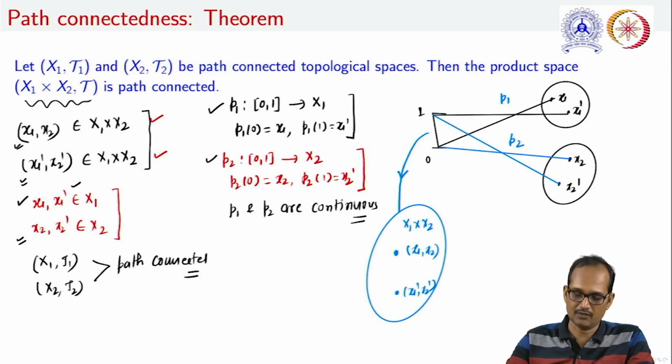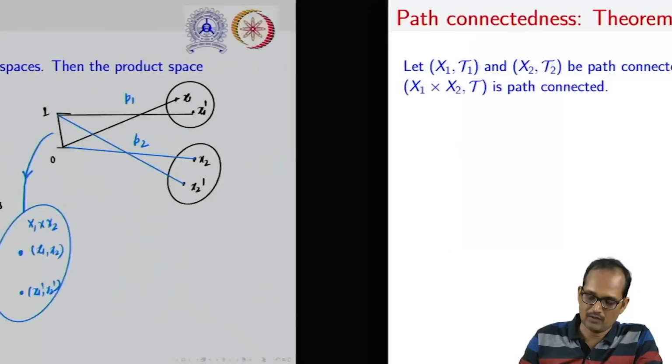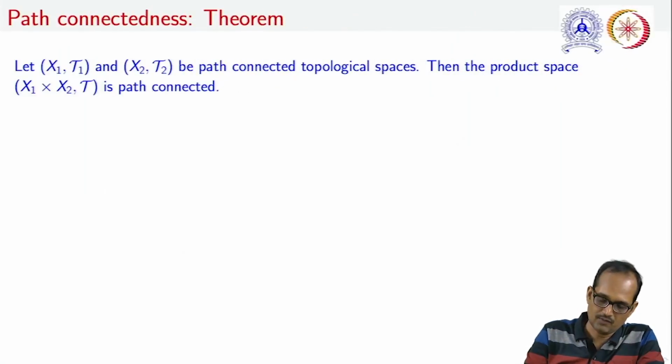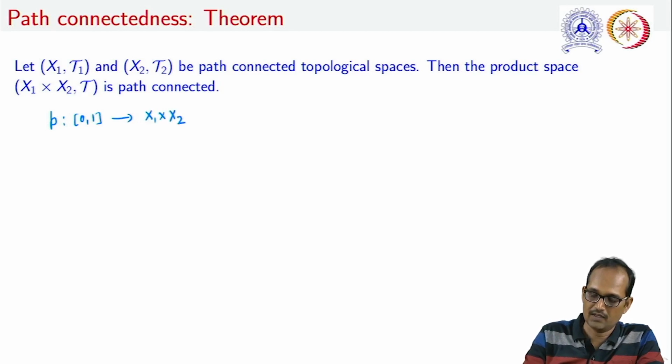We have a continuous function p1 from the closed interval 0 1 to X1, and a continuous function p2 from the closed interval 0 1 to X2. What we can do is construct a function p from the closed interval 0 1 to X1 cross X2, and how do we define this function? It sends each x in the closed interval to the ordered pair (p1(x), p2(x)).